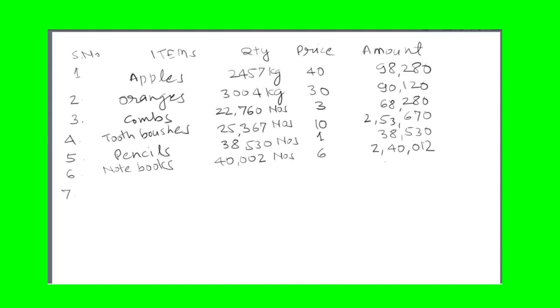Seventh item sold was soap cakes. The quantity sold is 20,005.